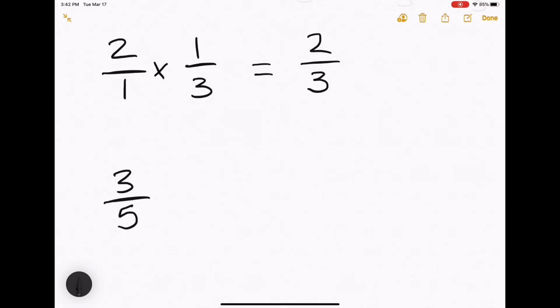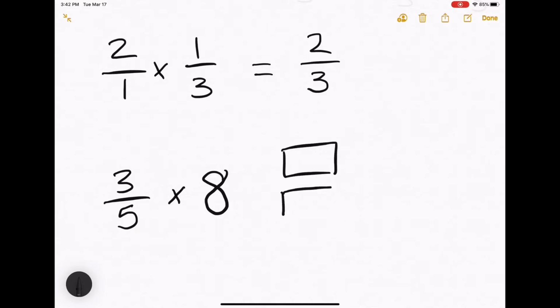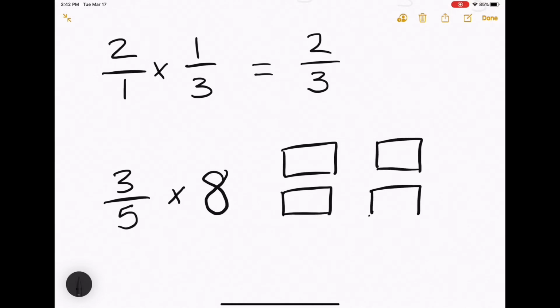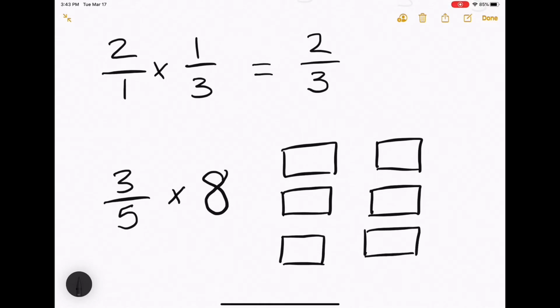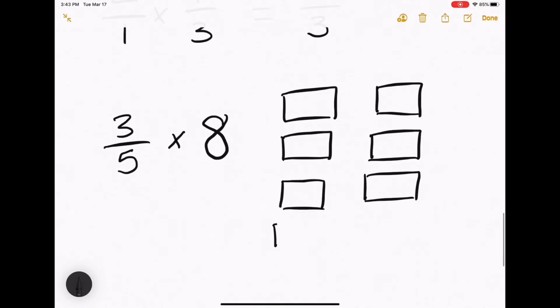For our second example, 3/5 times 8, you could do it the same way. You can think of it as 8 groups of 3/5. You would draw your 8 bar models or Snicker bars, and you would divvy them up into 5 equal parts.